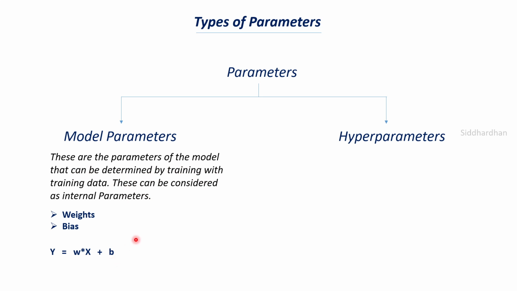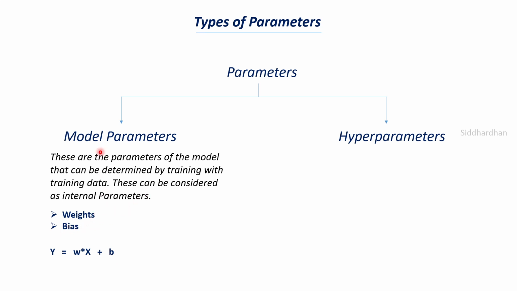We will get this slope value and intercept value after fitting the data to our model, right? So the model parameters are those which are obtained after training on the data. Hence these are considered internal parameters, because these are the parameters within the model. For a line, the two parameters are slope and intercept, or you can call them weight and bias.